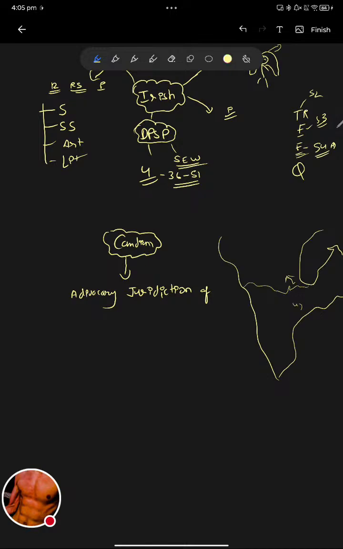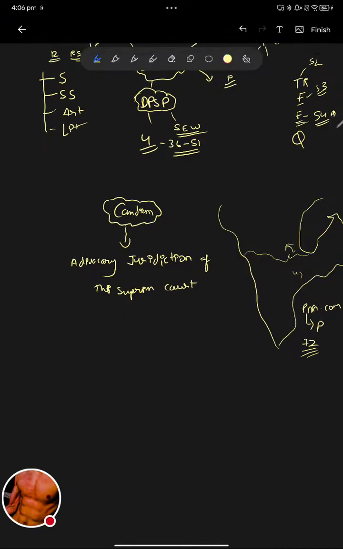Advisory jurisdiction of the Supreme Court. And there is an advisory of the president and, sorry, prime minister and council of ministers, which the president can't deny. This is in article 72 if I'm not wrong.